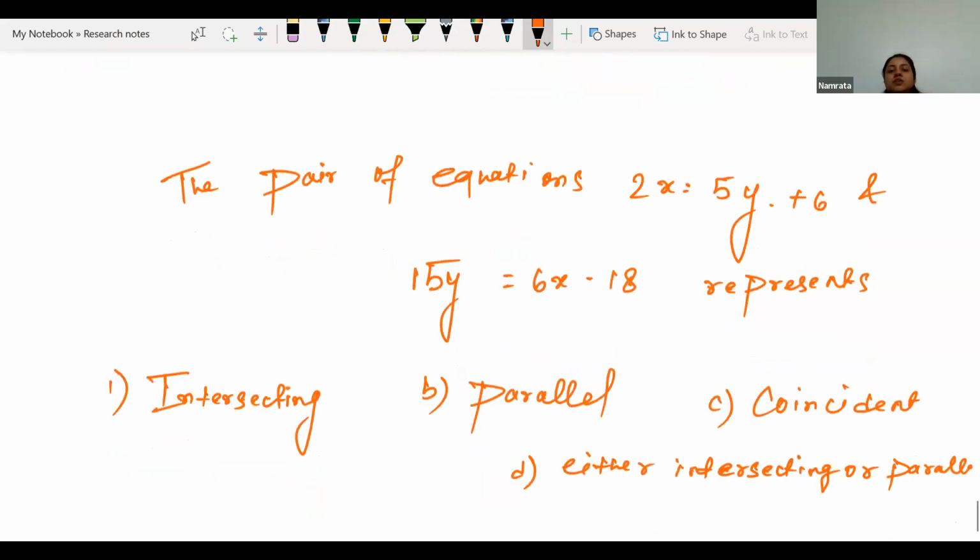So the pair of these straight lines represents what? Check it.